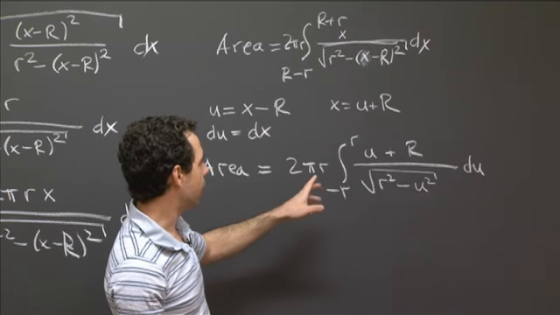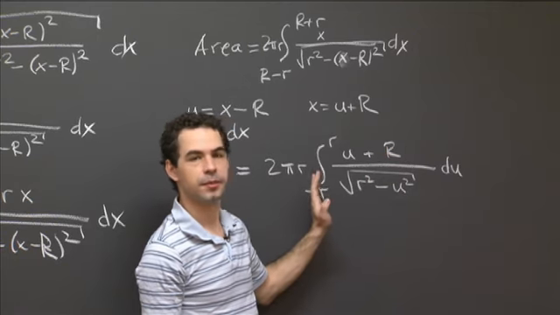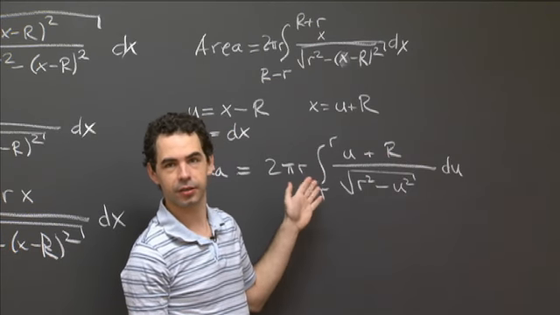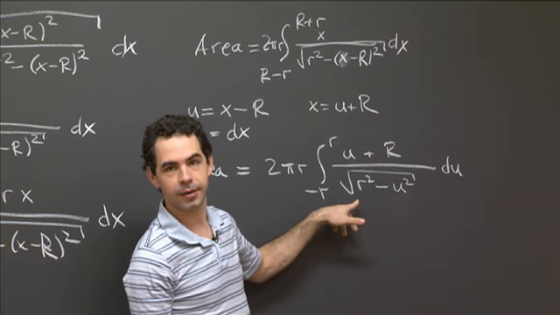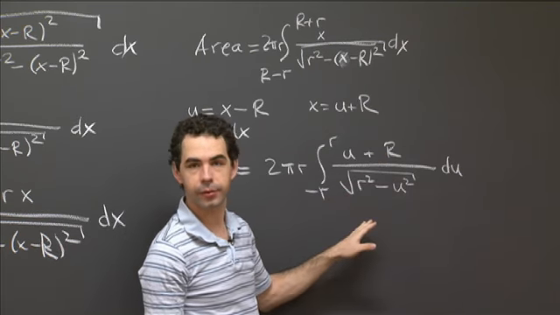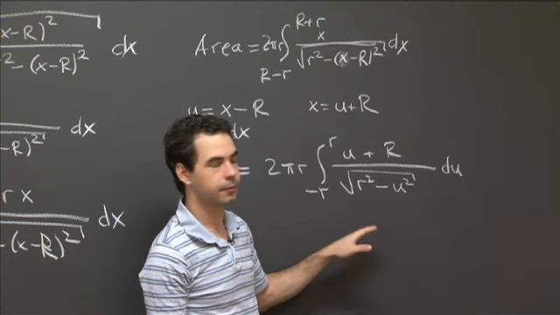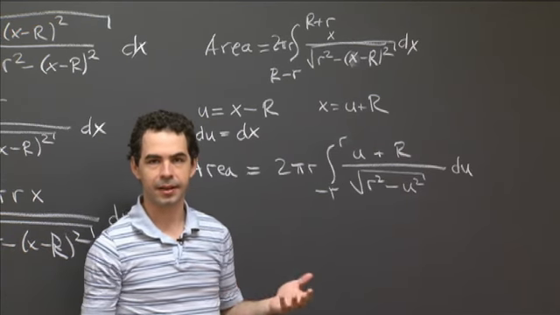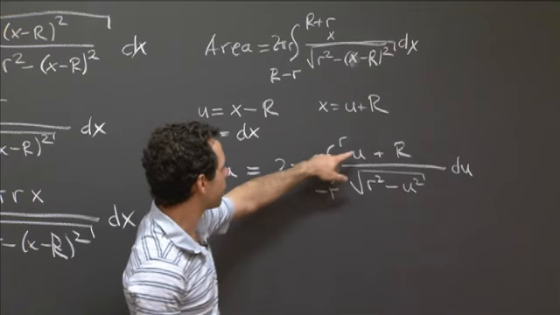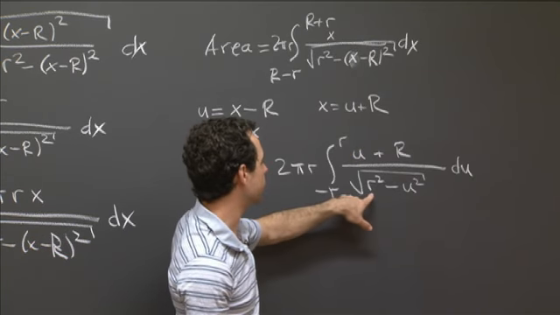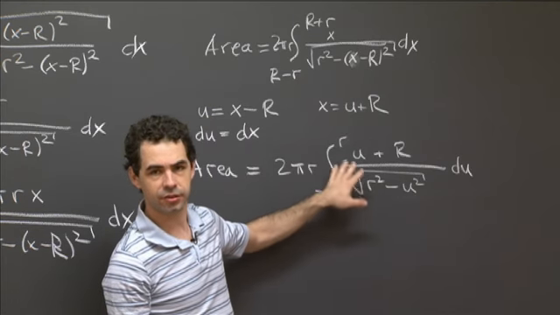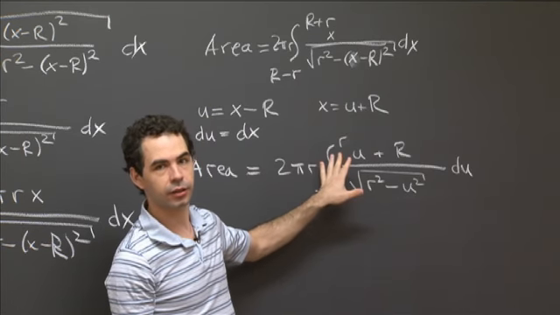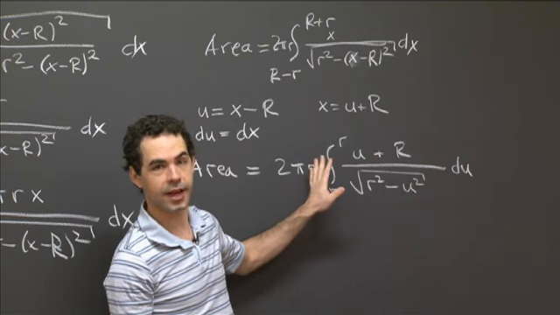Now this is really kind of two separate pieces, for purposes of difficulty of integrating. There's the u over the square root of r squared minus u squared piece, and there's the big R over the square root of r squared minus u squared piece. So let's think about them separately. For this first piece, you don't need a trig substitution to integrate it.